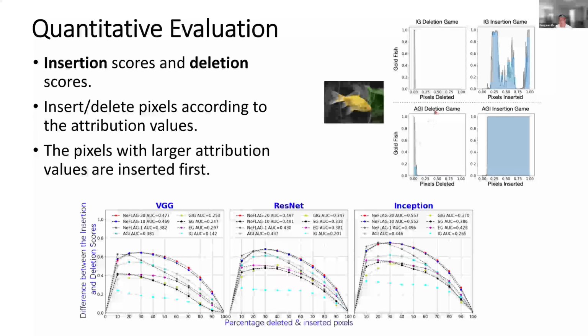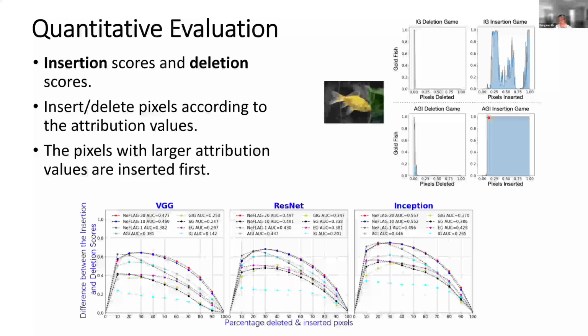For the insertion score, we start from 0 and add the pixels. You can see it's only about 2% of pixels, the most important pixels we call real features. Adding only 2% of real features can accurately predict this goldfish.